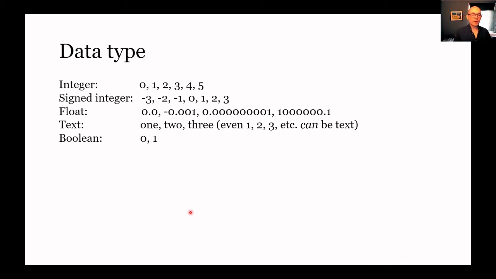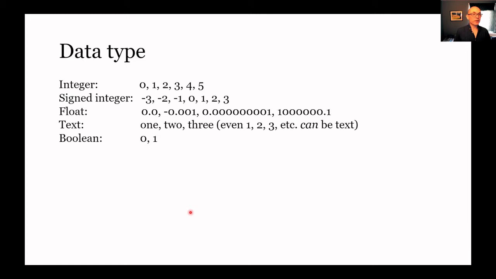So data type, just to clarify this, we have data types where we're describing how the information about a specific quality is stored, and this might be a value such as elevation.